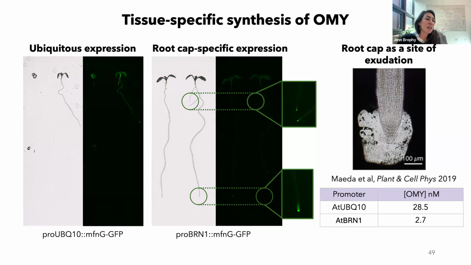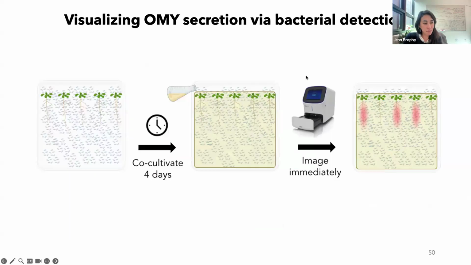And so she thought maybe if we just synthesize the non-standard amino acid here, we won't be using so much of the tyrosine that the plant otherwise needs to grow. And if the non-standard amino acid itself is toxic, we won't see that effect either. But we should hopefully still be able to be putting enough of it out into the environment to help the plants grow, help the bacteria.